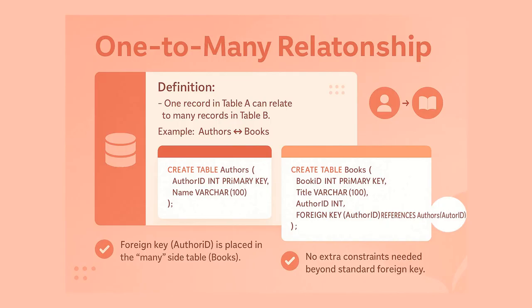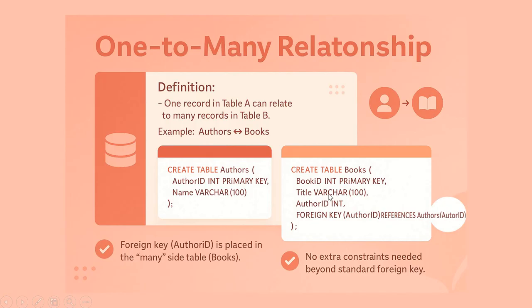Last one is the one-to-many relationship. This is the easiest one. So, for example, for the same example, authors with books, and be careful, maybe this is not the optimal example, but just to tell you how we can use SQL to convert this relationship into code. So here we have the authors table. We have the author ID in the first table, which is primary key.